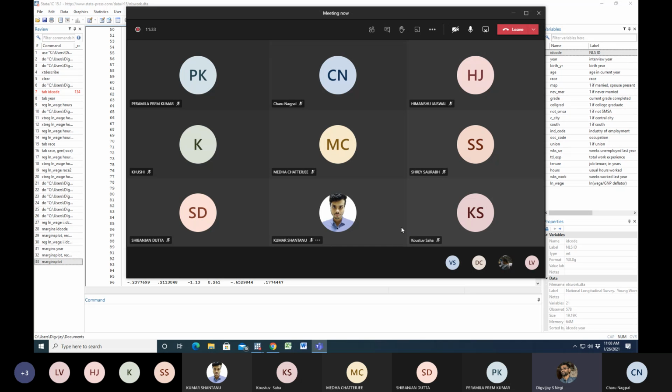If those are the only omitted variables in this relationship, then this two-way fixed effect model will give you the causal effect. So the estimate you get on the hours, you can interpret as causal. It depends upon the structure that you have in mind.